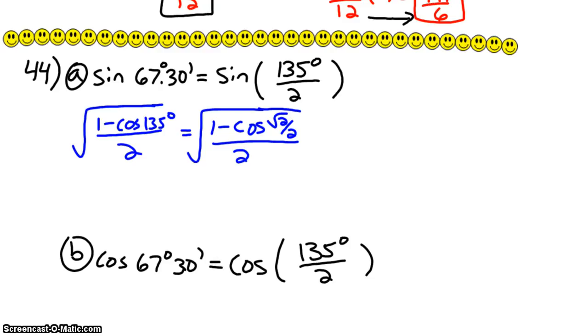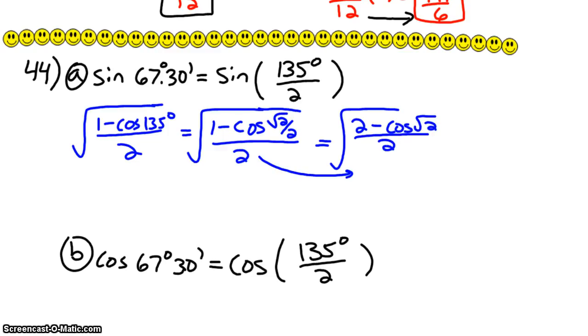If I work this, I simply see that I could rewrite the top as a fraction of 2 minus radical 2, all placed over 2, divided by the 2 we have in the bottom.